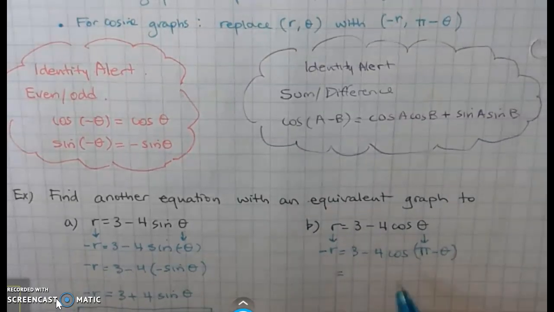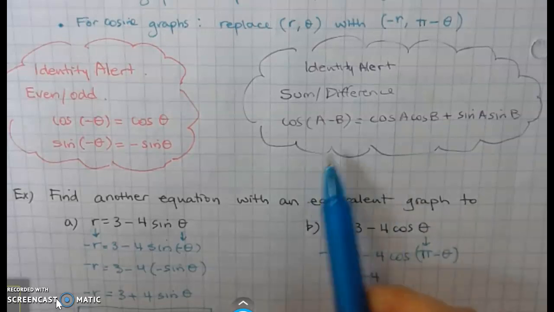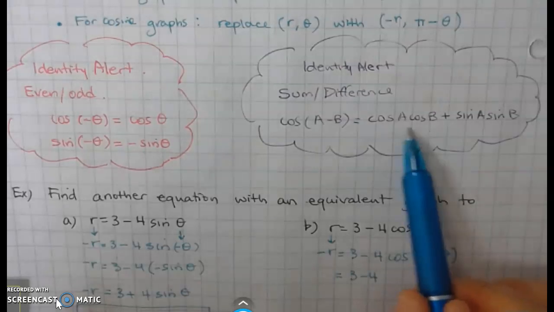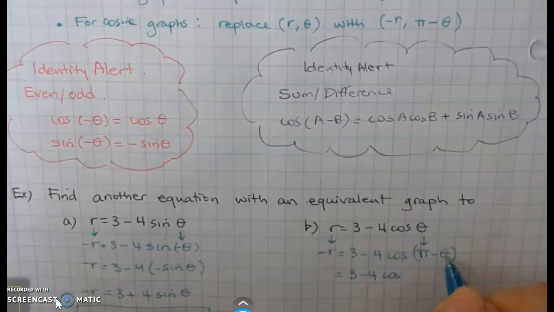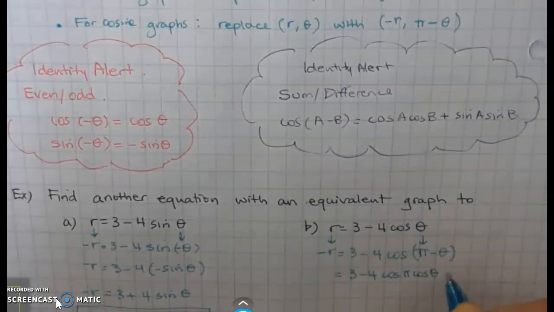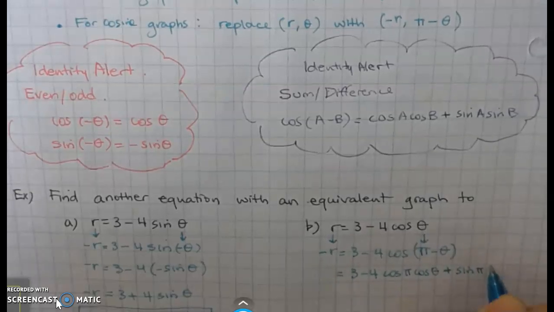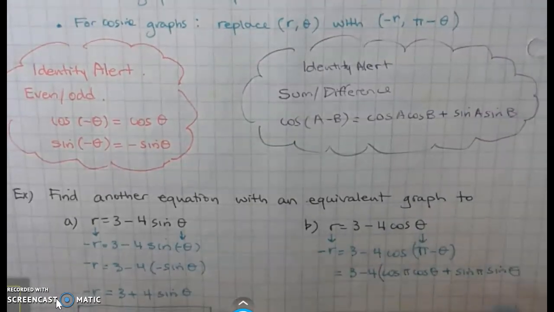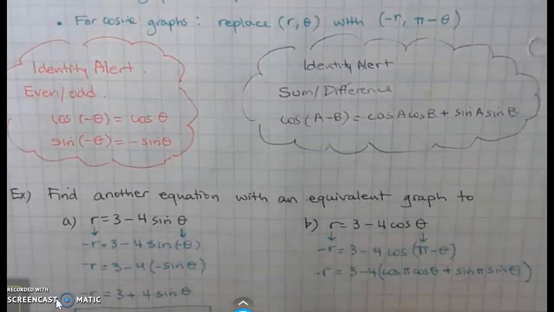Then from here, the cosine difference identity says this is going to be the same as cosine of a, this is my a, and this is my b, so cosine of pi cosine of theta plus sine of pi sine of theta. That's what negative 4 is being multiplied to. So we have negative r is equal to that.